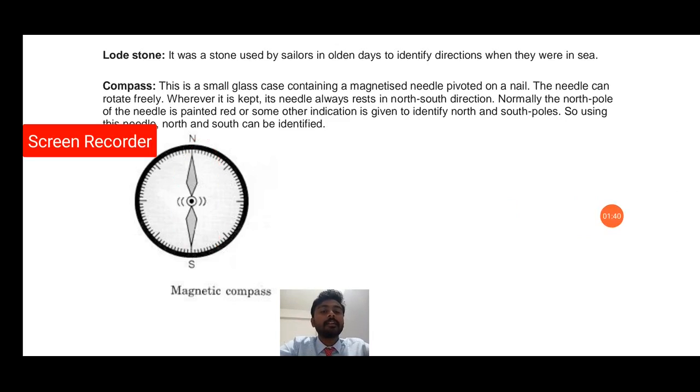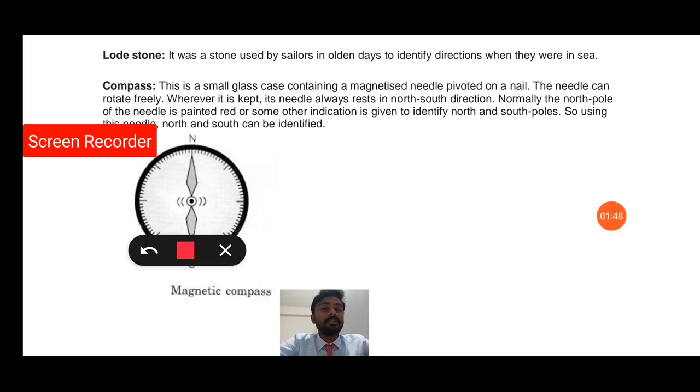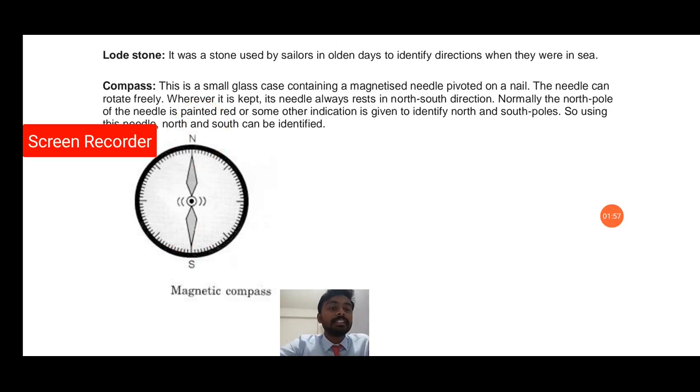But the needles always rest in the north and the south directions. So this is the north direction, and this is the south direction.